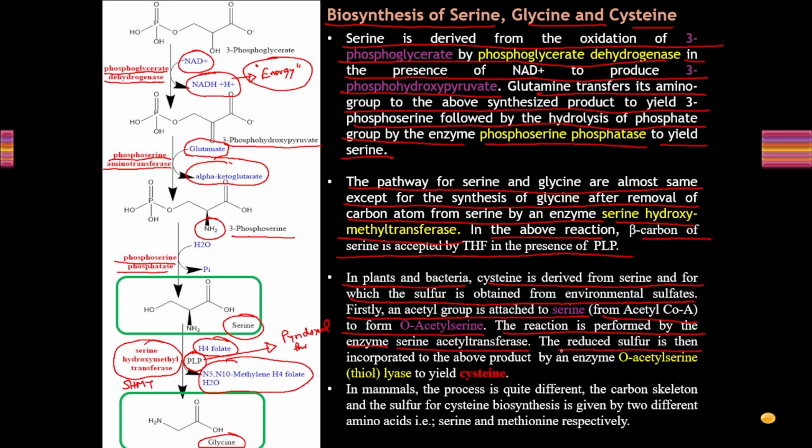The reduced sulfur is then incorporated into the above product by an enzyme called O-acetylserine lyase to yield cysteine. In mammals, the process is quite different. The carbon skeleton and the sulfur for cysteine biosynthesis are given by two different amino acids, serine and methionine respectively. So cysteine synthesis is different in plants versus animals.